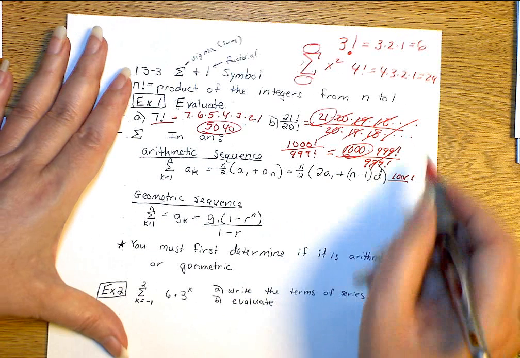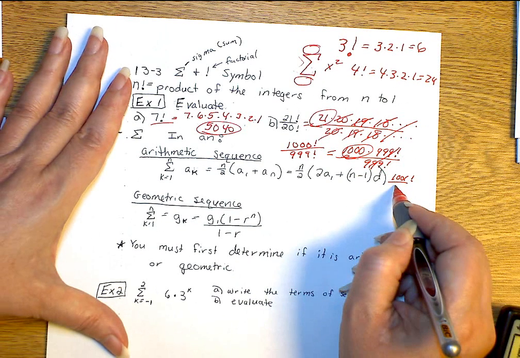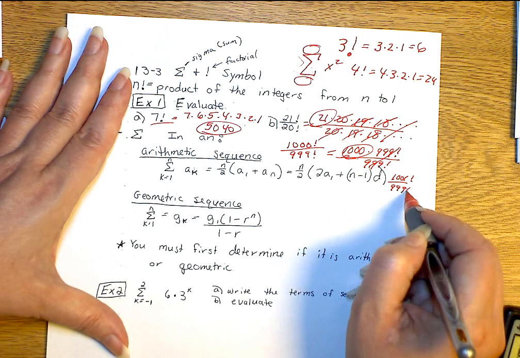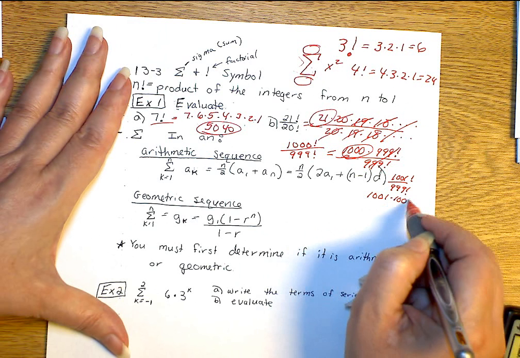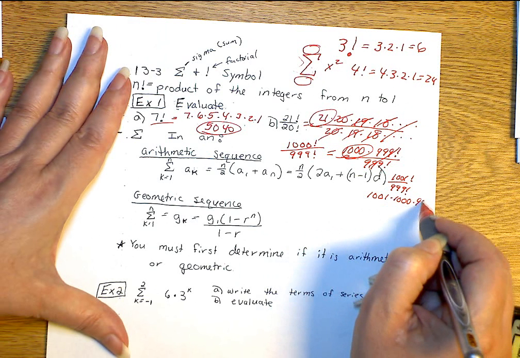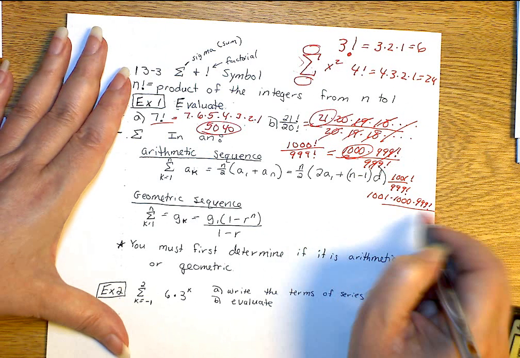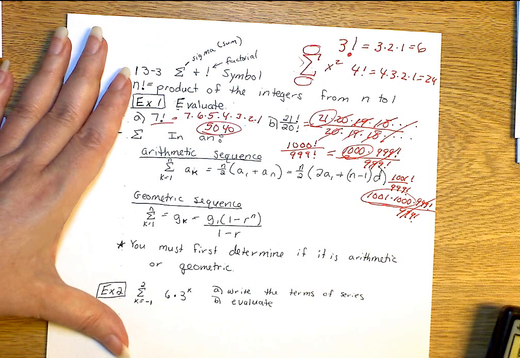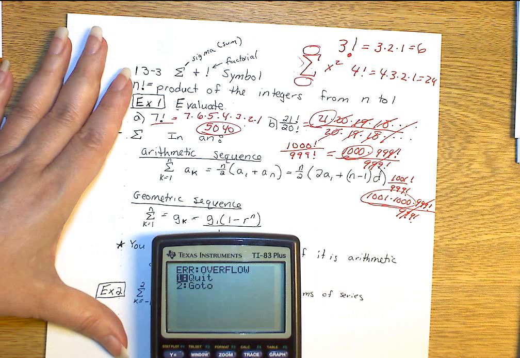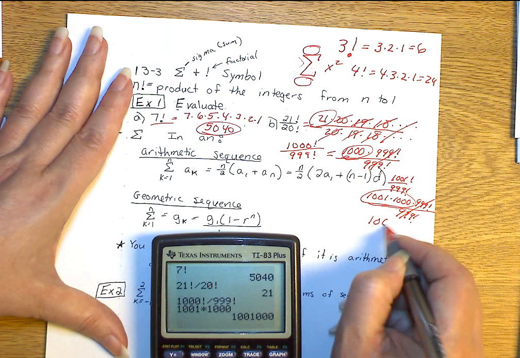It would be 1001 times 1000 times 999 factorial, and the 999 factorials cancel out. Then you go 1001 times 1000, and it gives you 1,001,000.